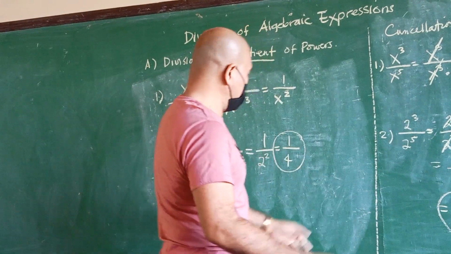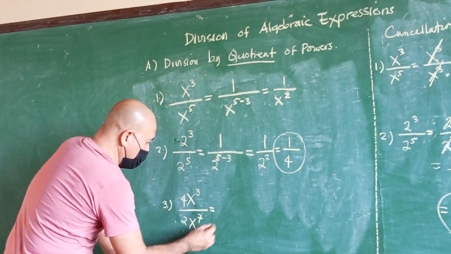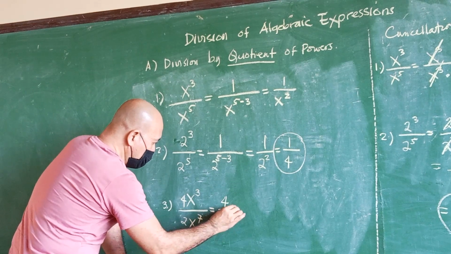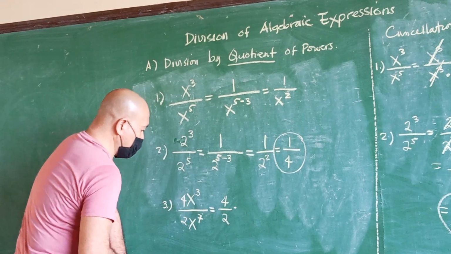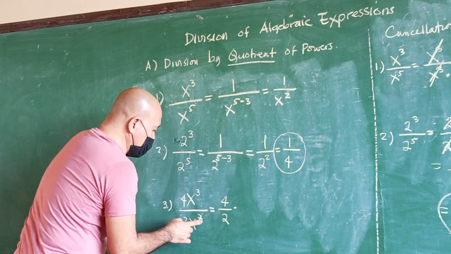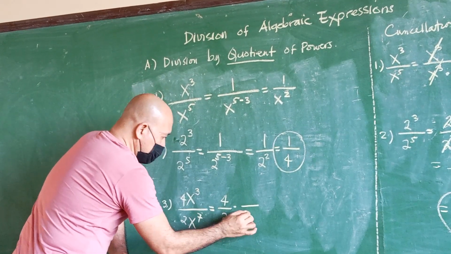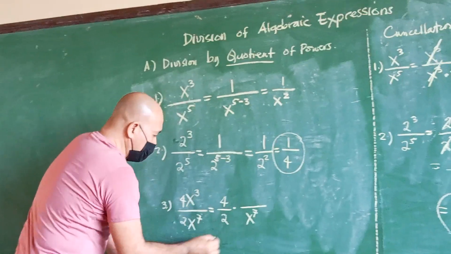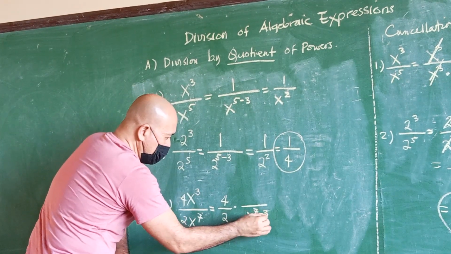By cancelling, that means you are expanding sometimes. Okay, you can do this one. First, you will begin with 4 divided by 2 times, for this one, since you now have x cubed over x raised to the power of 7, just copy the variable, x raised to the power of 7, and then subtract 3 from 7, that is minus 3.